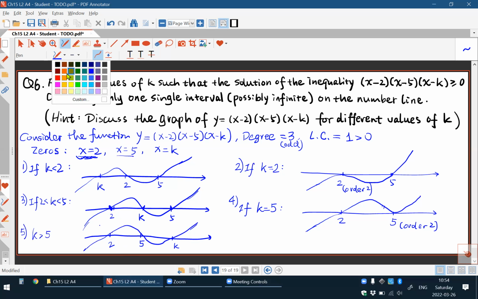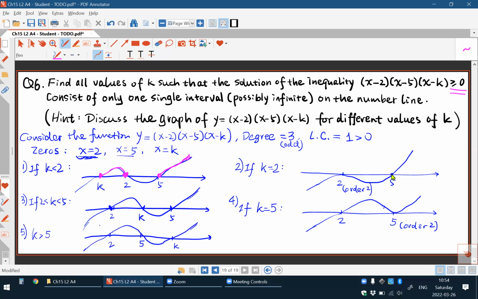So we can solve this inequality in each of the cases, right? Depending on the values of k. So remember that our task is to find any interval that makes this function greater than or equal to 0, right? So in the first case, what is the solution? Solution must be here or here, right? Okay, how about the second?